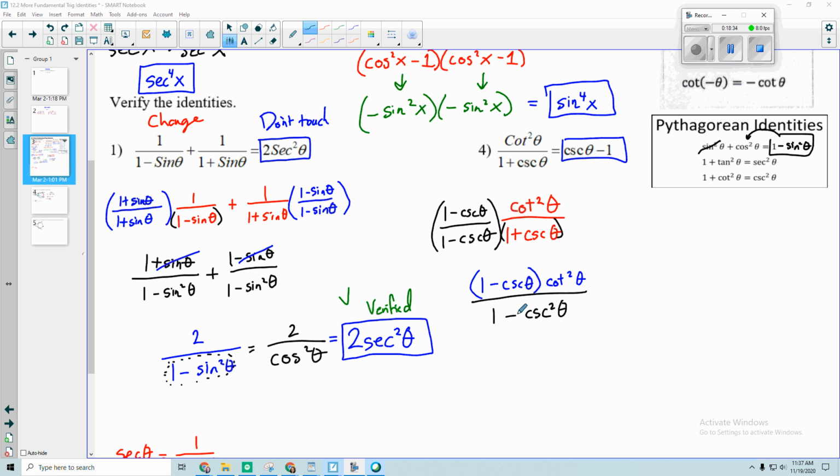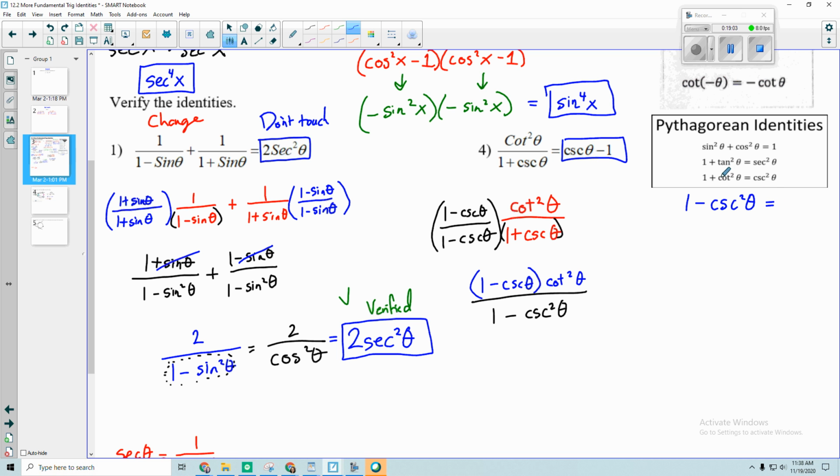So now this is in a spot where I can use a Pythagorean identity finally in the denominator. If I take this bottom identity, how could I rewrite this so it looks like 1 minus cosecant squared theta? Let's say I subtract cosecant squared theta over to the left-hand side, so I get 1 minus cosecant squared theta.